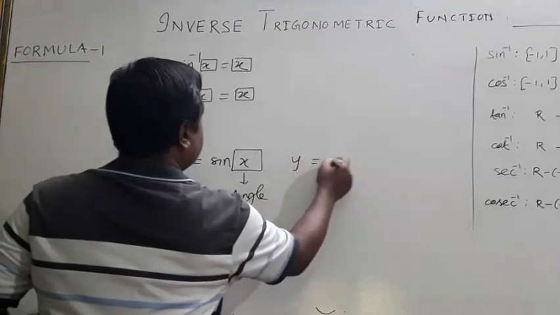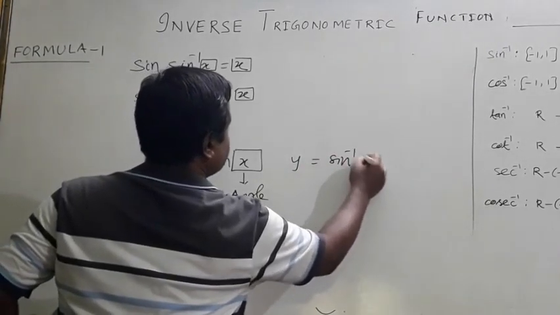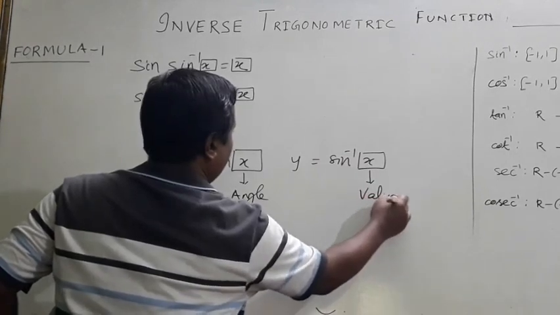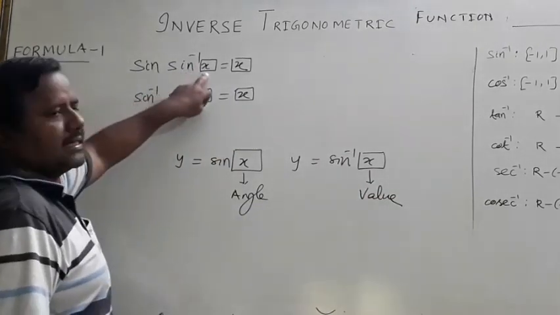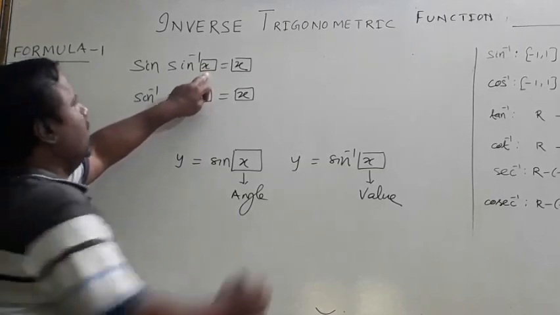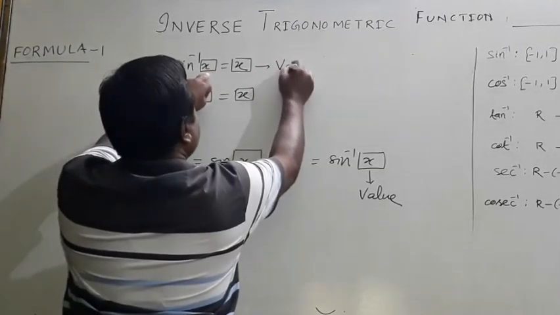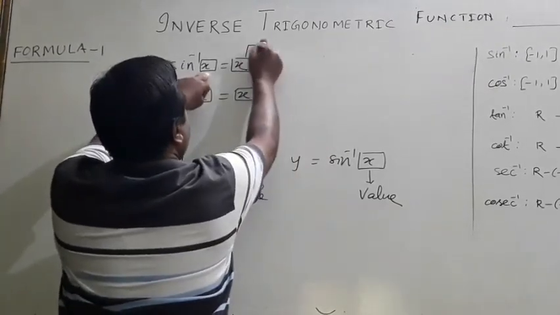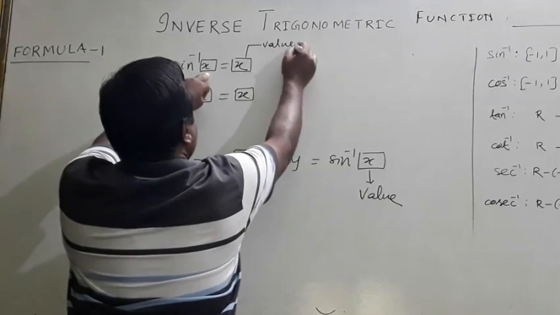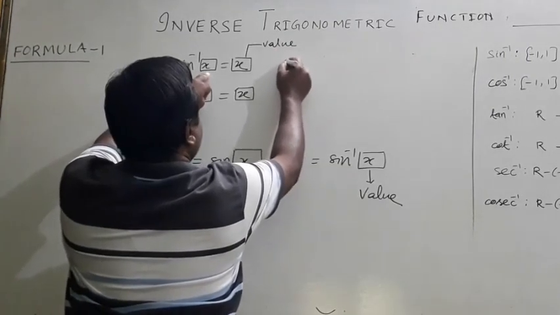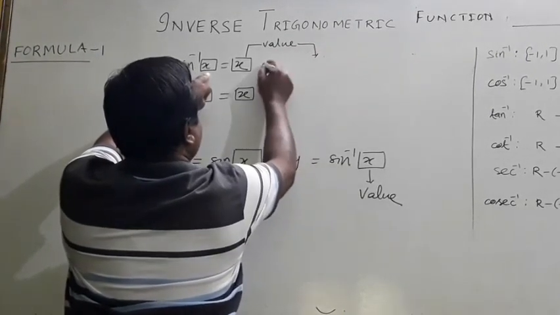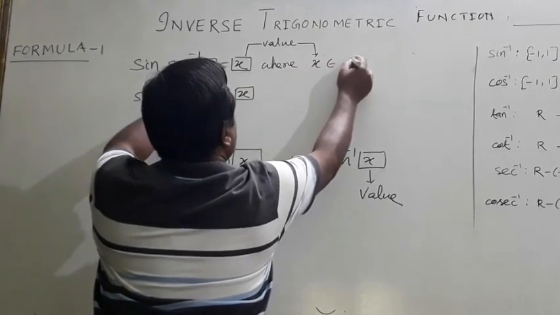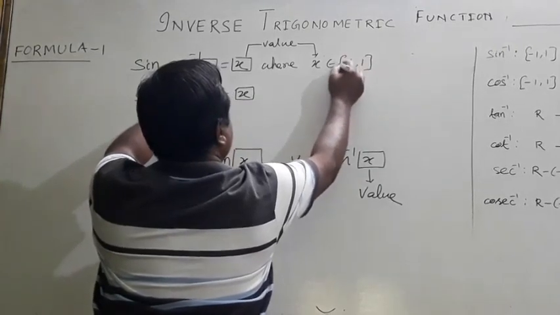Y is equal to sin inverse x. This x is called the value. So if it is sin inverse x, then this x is the value, and this value belongs to where? x belongs to minus 1 to 1.